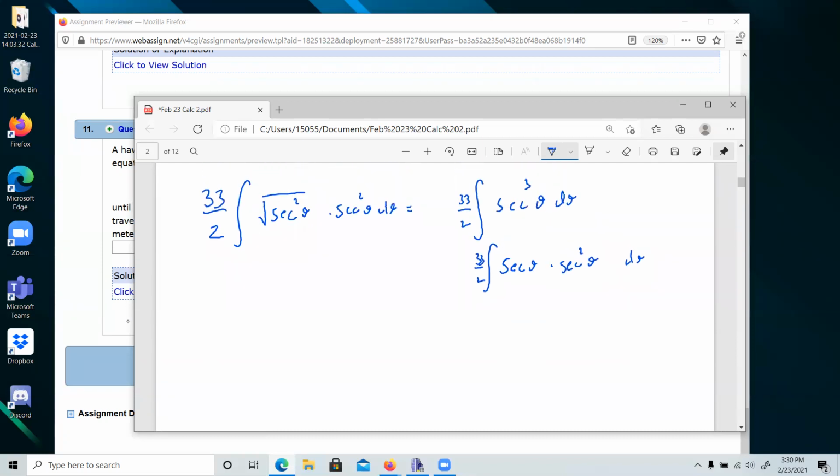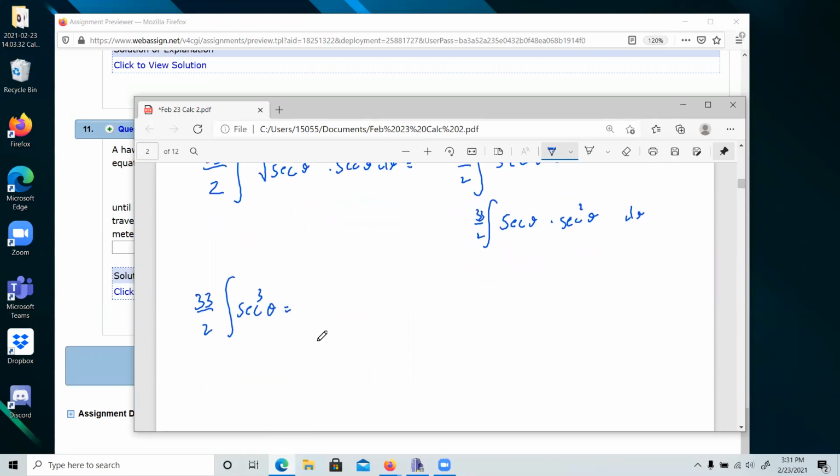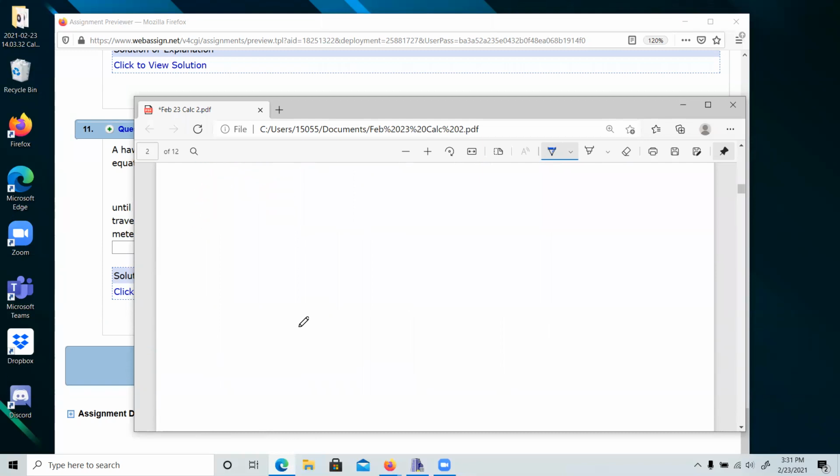We're just going to write down that we have 33 over 2 integral of secant cubed theta equals, and we're going to work off to the side here. So this whole thing is a sidebar, where we're just going to evaluate the integral of secant cubed theta d theta.